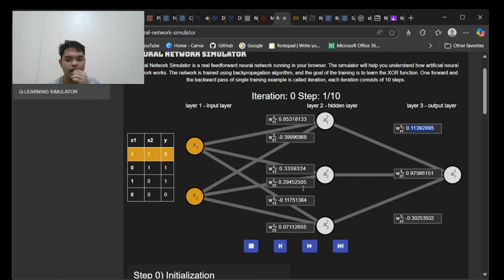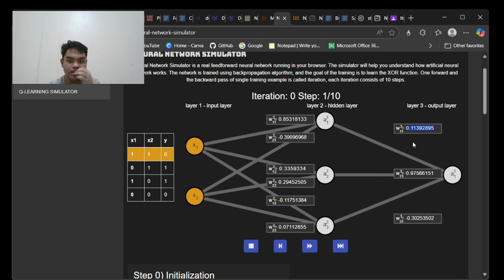Now, backpropagation: how the neural network learns from mistakes. The learning part might seem complex, but think of it like this. Step 4, the cost calculation. E equals 0.5 times the squared difference.